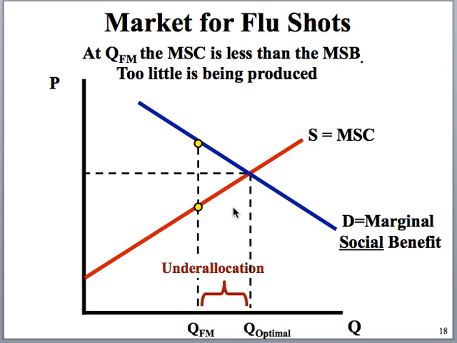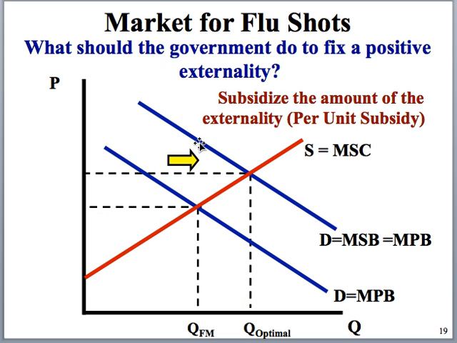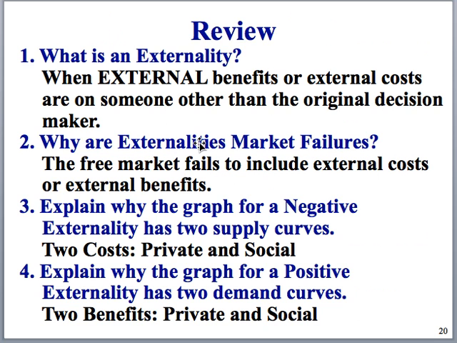The amount of the positive externality is the vertical distance between the two benefit curves. So in this case, we might see a subsidy in order to shift that benefit curve out by the right amount. And the subsidy would be that vertical distance between the two curves, the marginal private benefit and the marginal social benefit.